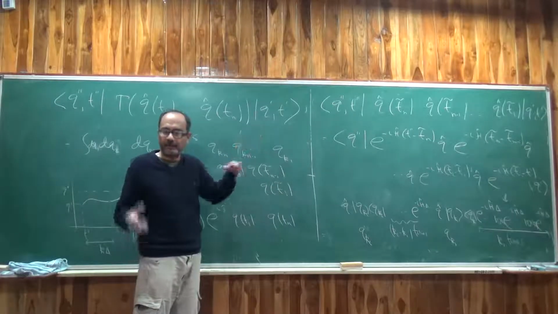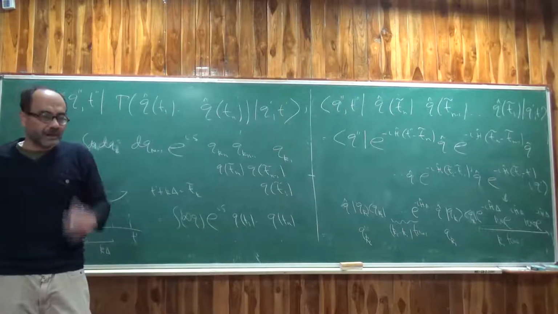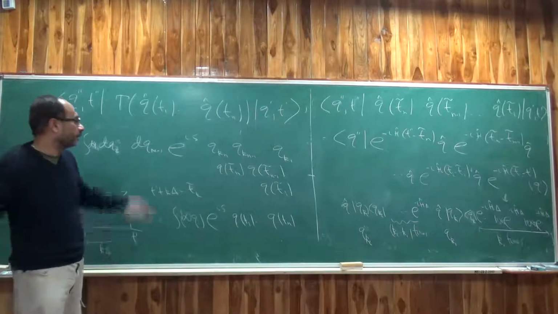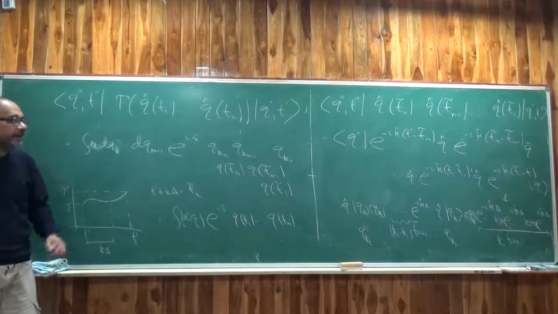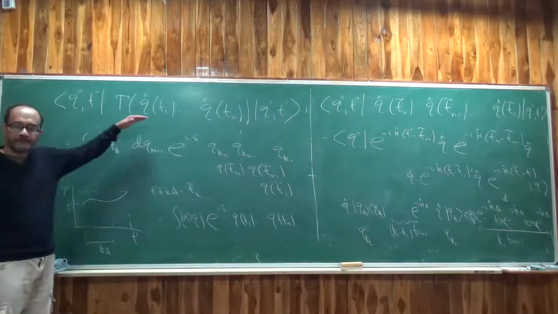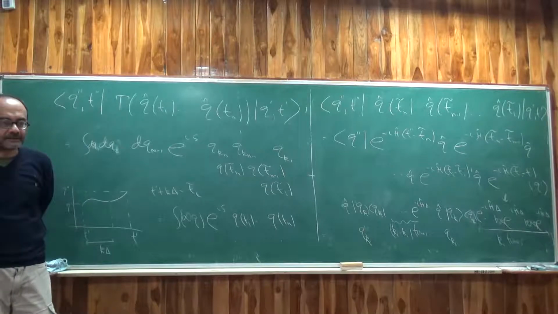The vacuum wave function may be a complicated object. We don't know what it is. But nevertheless, we will see that without knowing the vacuum wave function, it is possible to extract the vacuum expectation value from this. Maybe I'll do that next time. And then we will generalize it to quantum field theories, once we learn how to extract the vacuum expectation value of time ordered products from the path integral.